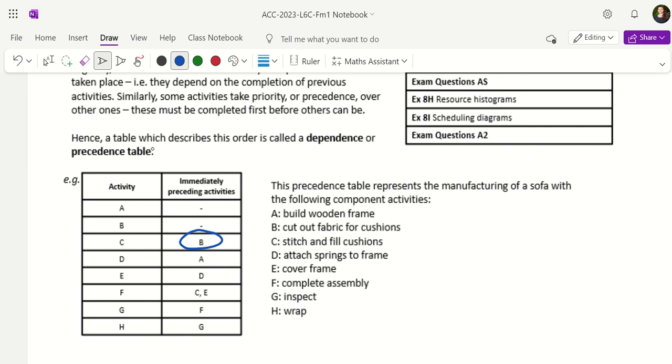So B is in that box telling us that activity B must be complete before we can do C. Same for D. D over here is attaching springs to the frame, and that cannot take place until we've built the frame itself. So that's why A is in that box. And so here we can see what needs to be completed for each activity until we get to the end. Like what do we need to complete in what order to complete this project?